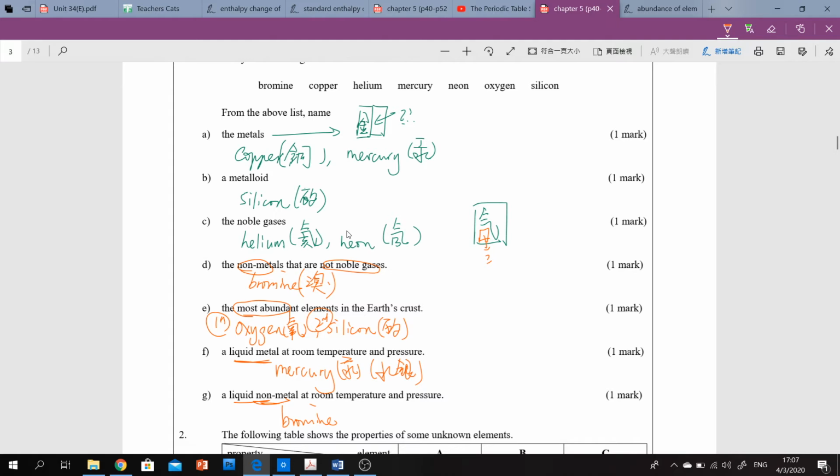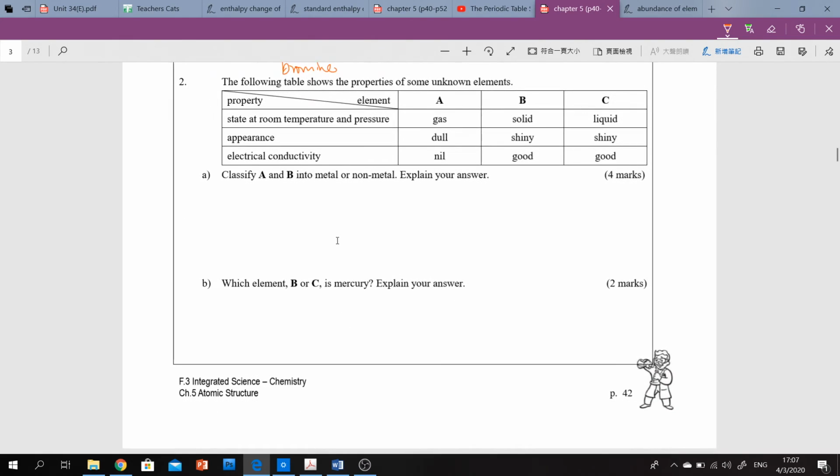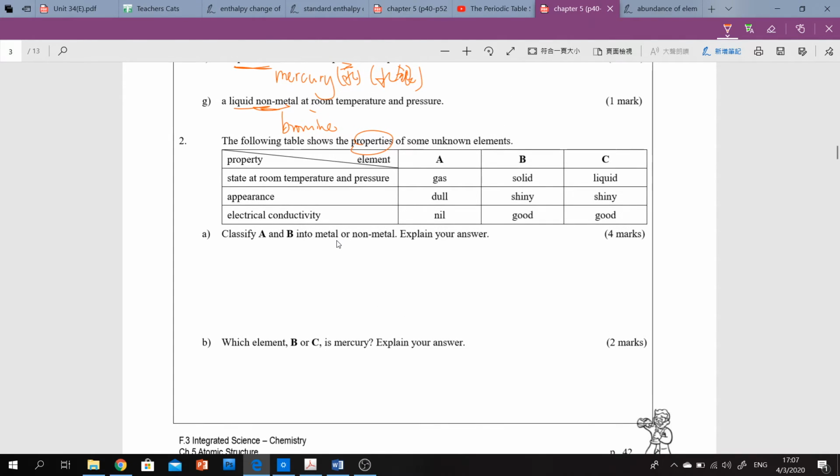So this is what we talk about as question 1. How about question 2? The following table below shows the properties of some unknown elements. Properties in Chinese, 特性 or 特質, tell the characteristics those elements have.